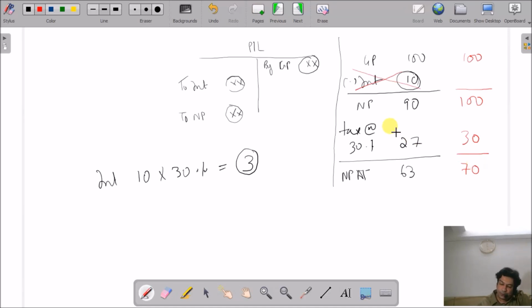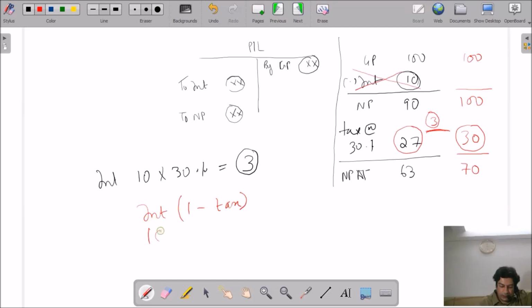Now see, here you have paid a tax of 27, and if there were no interest, then you would have paid a tax of rupees 30. So how much is the tax saving? 3 rupees is your tax saving. So in other words, your cost has been reduced by 3 rupees. So that's why we take interest into 1 minus tax.